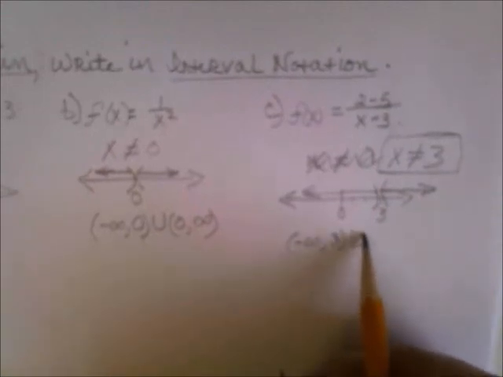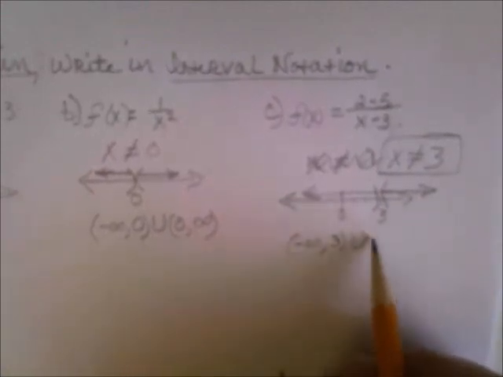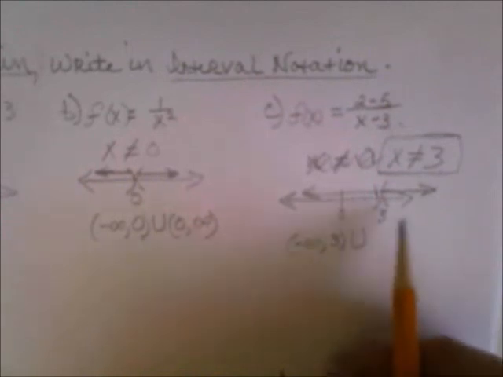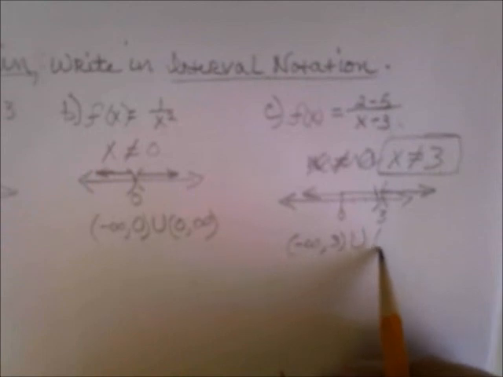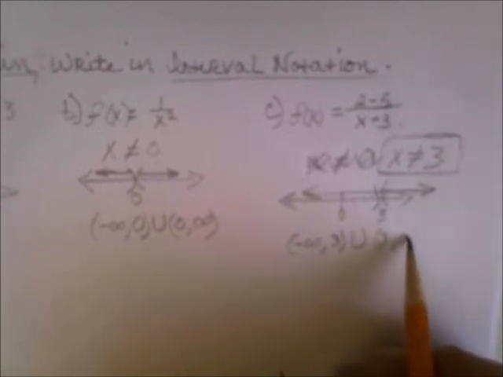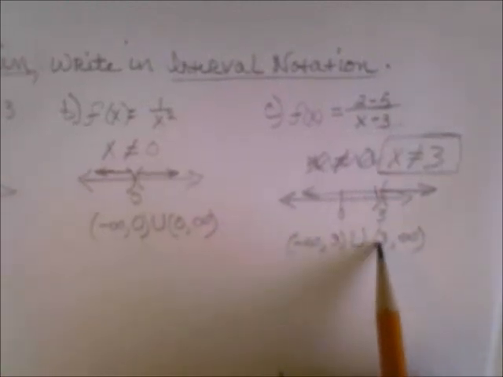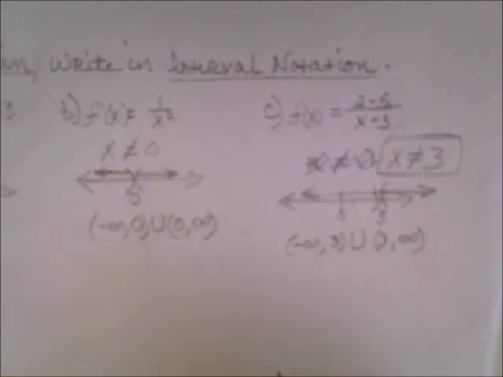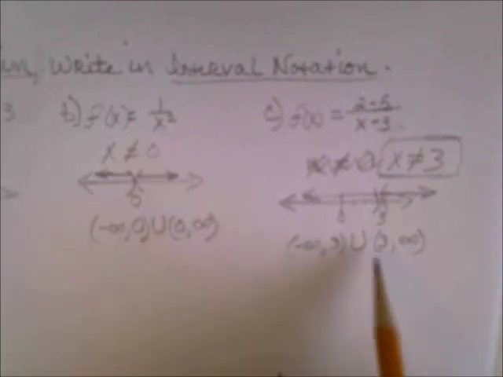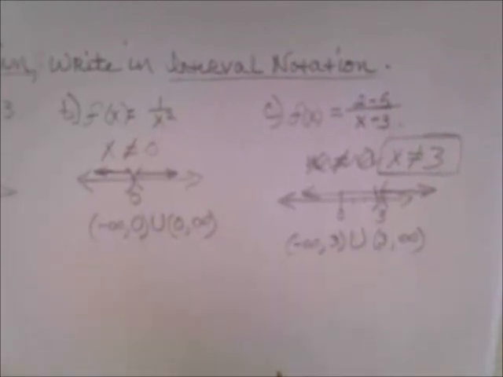And then we're going to put our union in and say, okay, the smallest thing it can be here is 3, and the biggest thing it can be is the positive infinity. So putting this union in and the parenthesis, we can see the only thing it can't be is 3. And there's our interval notation.